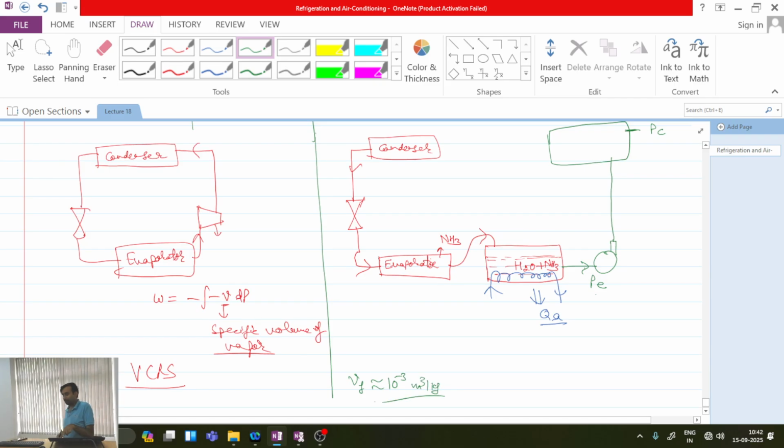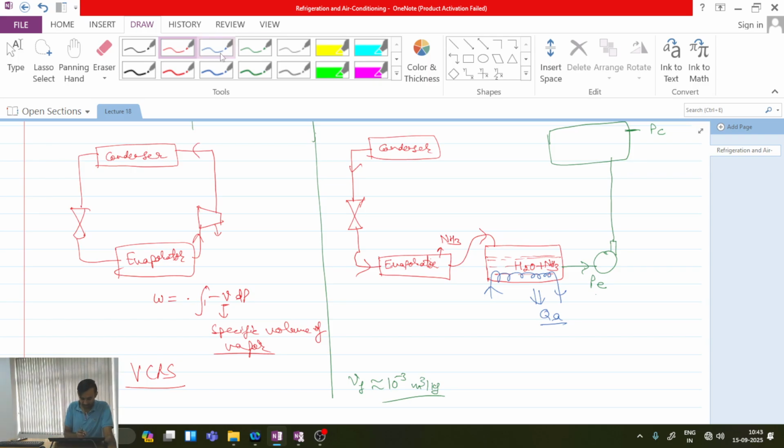So the work spent on this pumping operation will be negligible in comparison to the work spent in the compression process, because it is almost 1000 times greater in comparison to this one. Is this point clear?